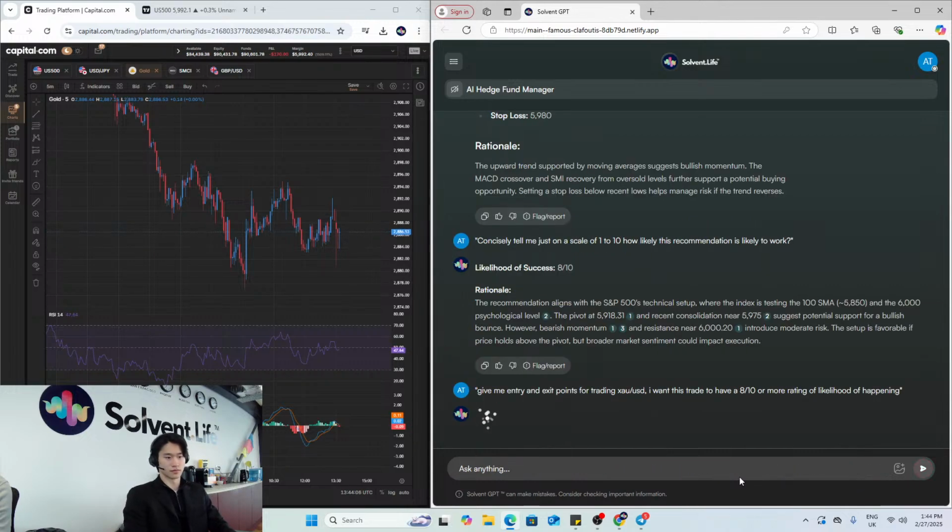So: give me entry and exit points for trading XAU USD. I want this trade to have an 8 out of 10 or more rating of likelihood of happening.